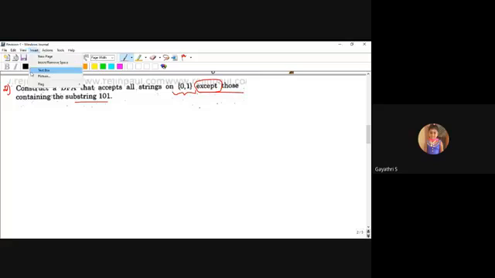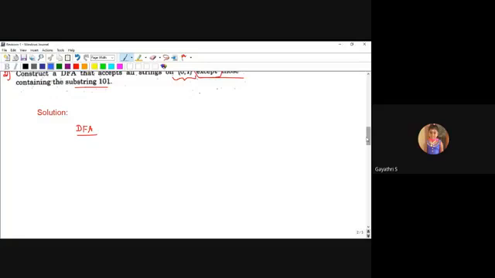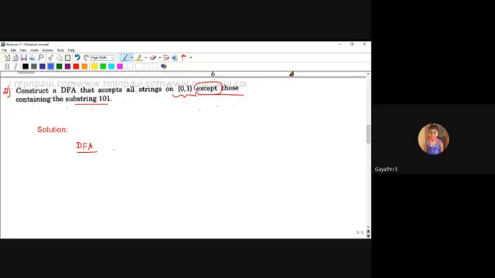So I will draw the DFA. I will take the states beginning with the letter A, starting state A. Your automata should accept all the strings except 101.